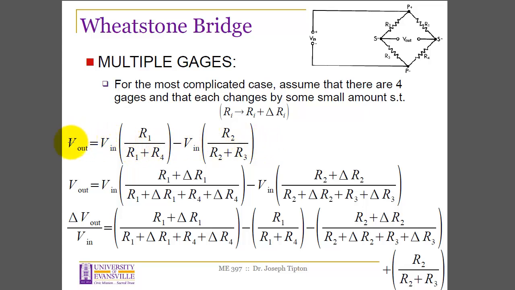But we have that the output voltage measured here on the signal corners is a function of the input voltage provided by some sort of power supply source, as well as the ratio of resistances, the four resistances in the four arms of the bridge circuit.